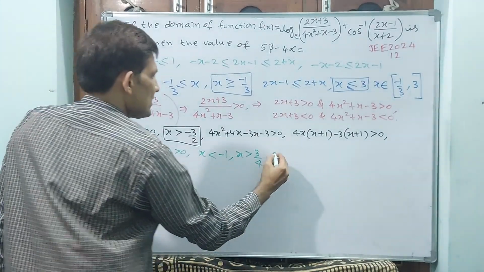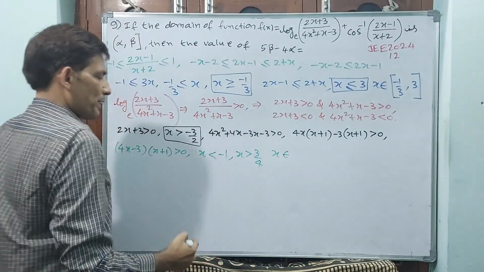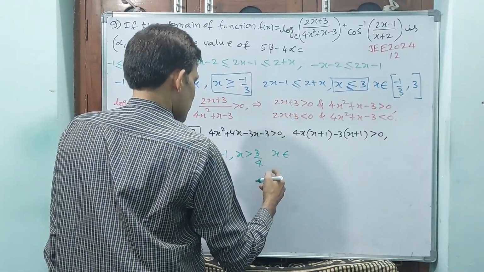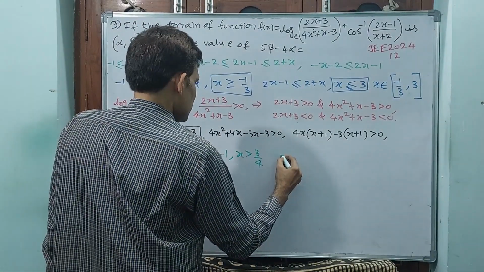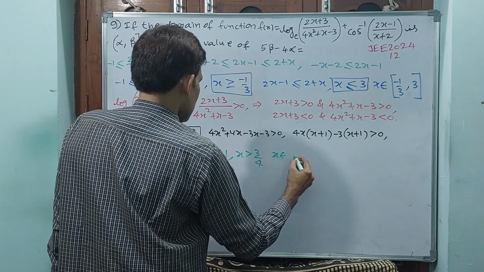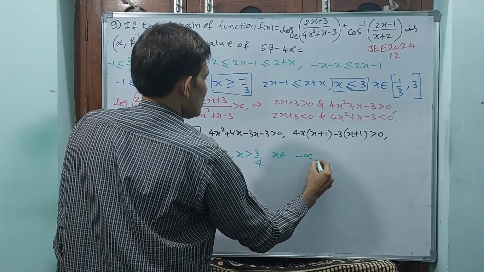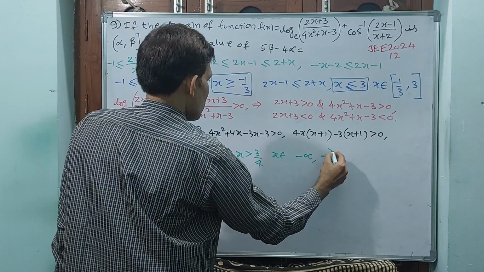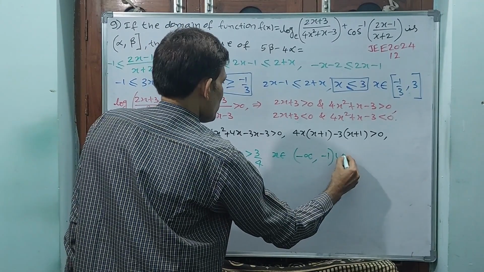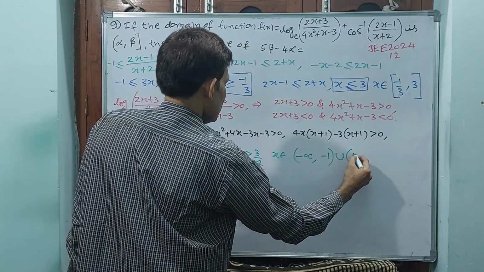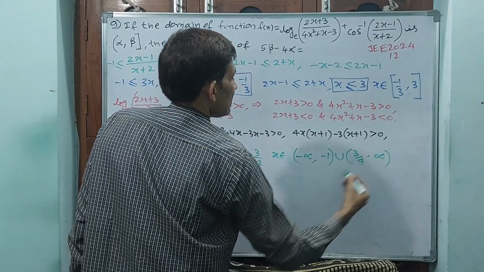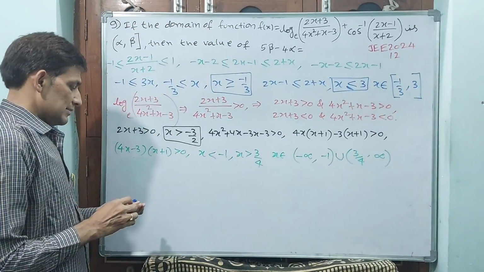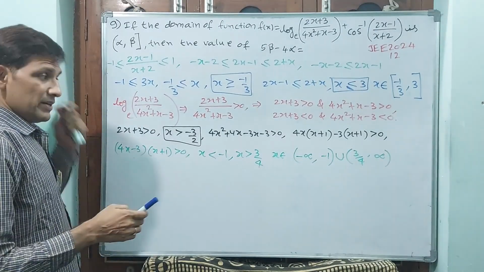How are you going to show them? x belongs to, or else like that I will write. See, x belongs to minus infinity to minus 1, but open interval only, union 3 by 4 to plus infinity.